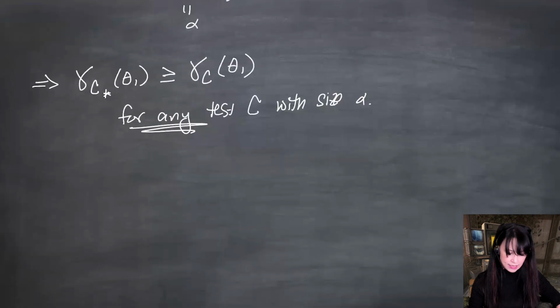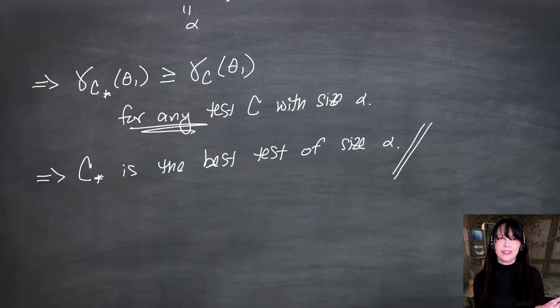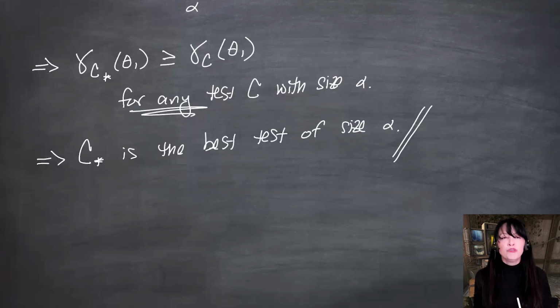And this means that C star is the best test of size alpha for the given simple versus simple hypotheses. So we are done proving the Neyman-Pearson lemma, which is proof by notation. If that made sense, great.